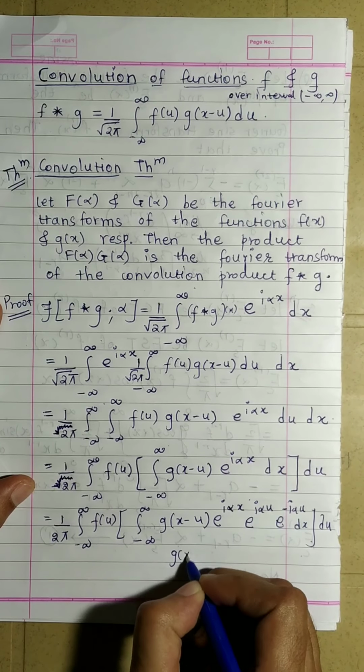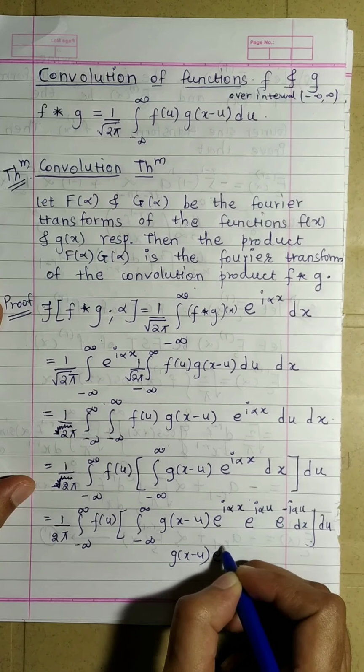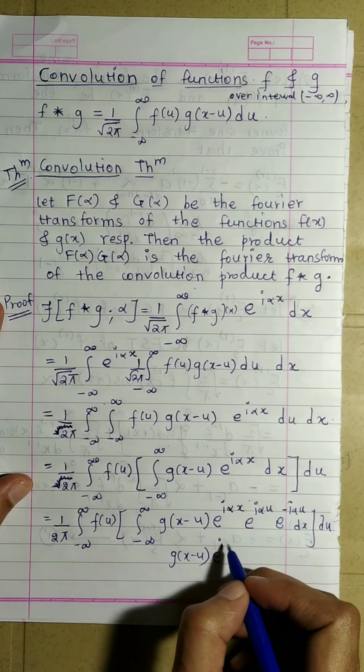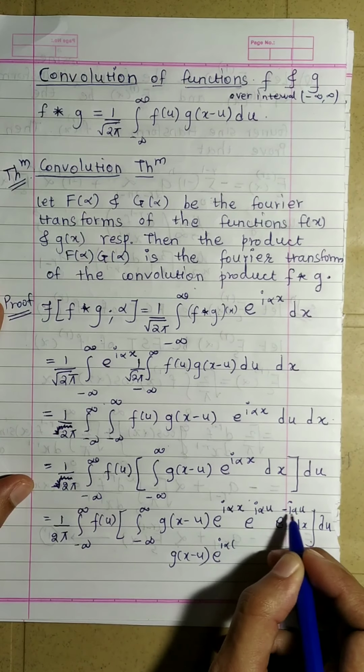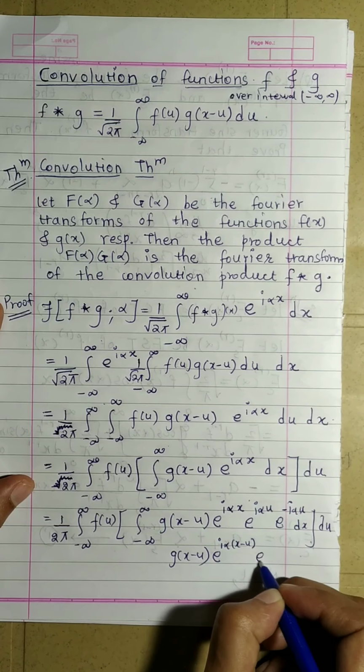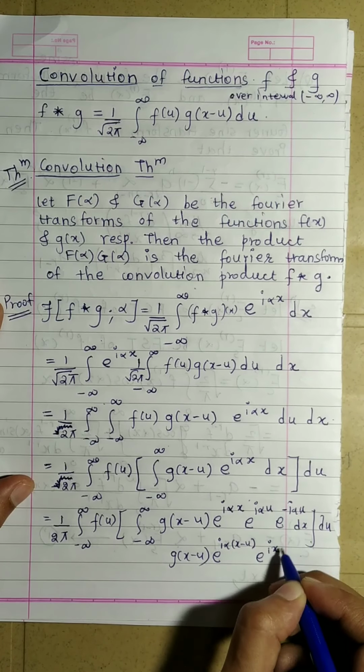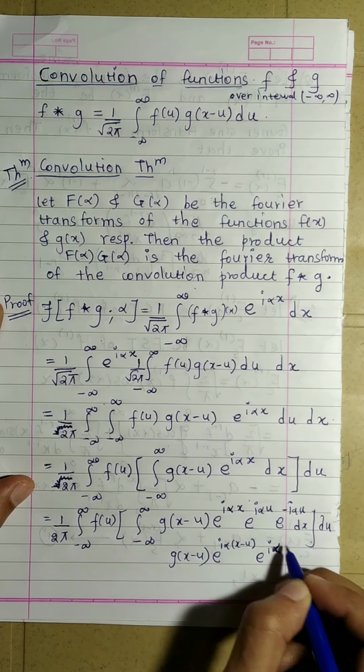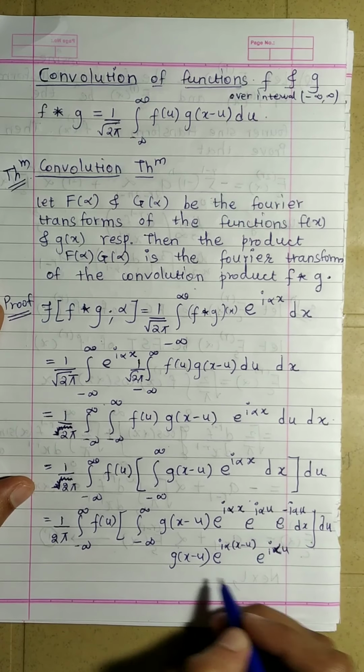Now this will become g of x minus u e raised to I alpha times x minus u, into e raised to I alpha u, which remains.